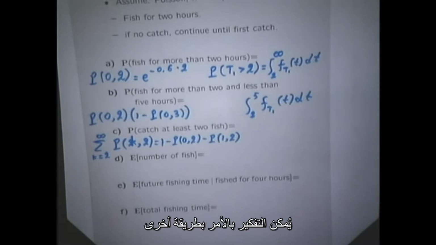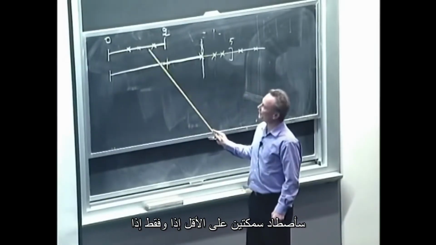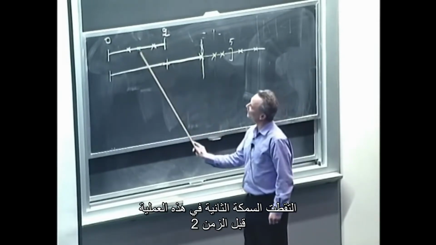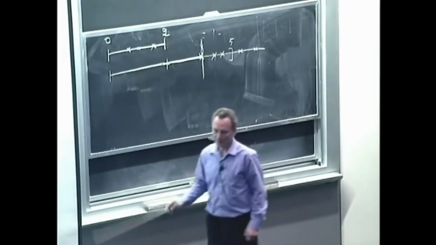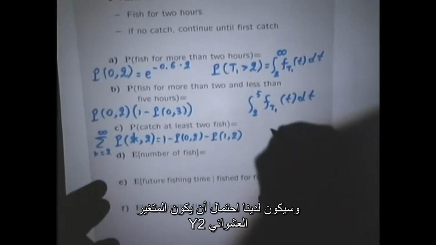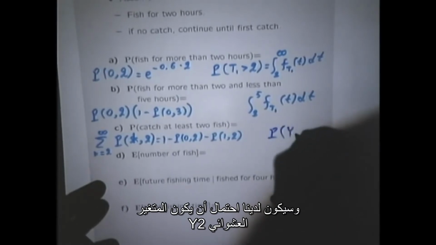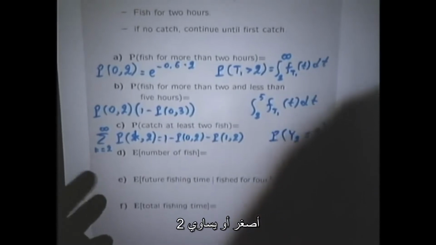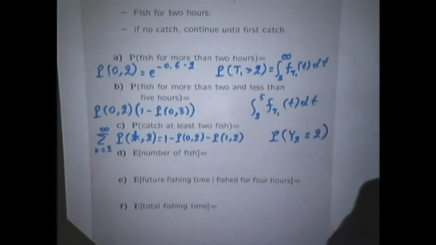Another way to think of it, I'm going to catch at least 2 fish if and only if the second fish caught in this process happens before time 2. So that's another way of thinking about the same event. So it's going to be the probability that the random variable Y2, the arrival time of the second fish, is less than or equal to 2.